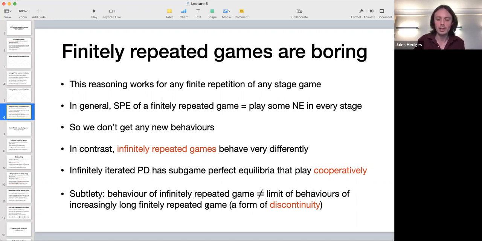We can play any finite number of repetitions of, say, the prisoner's dilemma, and we can make that longer and longer. But then when we jump to infinity, the behavior of this game is going to fundamentally change. In particular, if we have an infinitely iterated prisoner's dilemma, this is going to have subgame perfect equilibria in which there is cooperative play. So we're going to spend the rest of the week studying what this means.